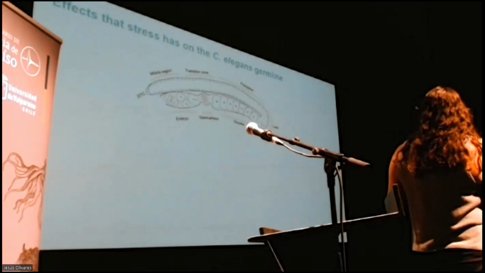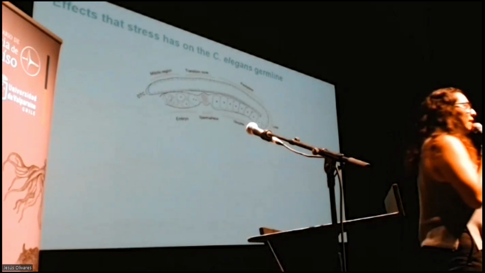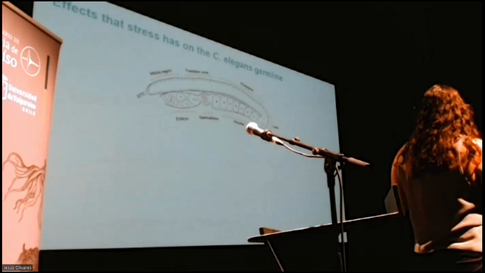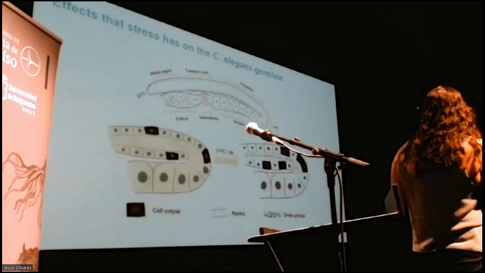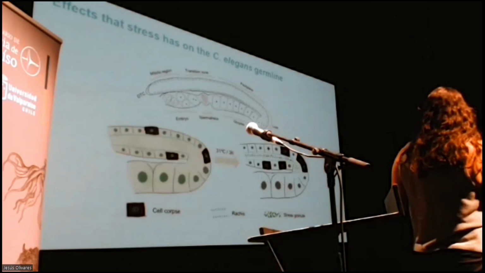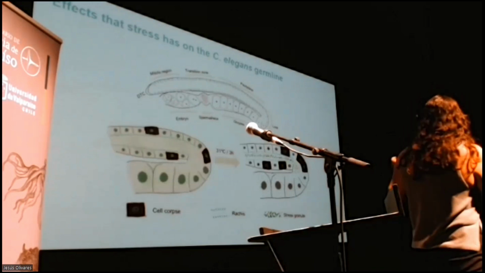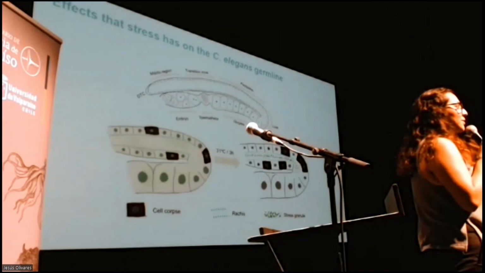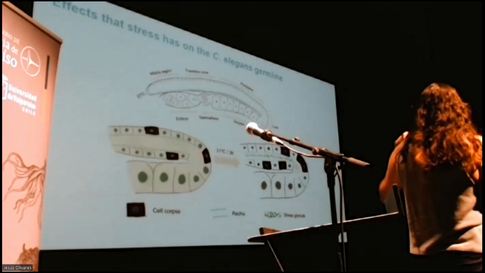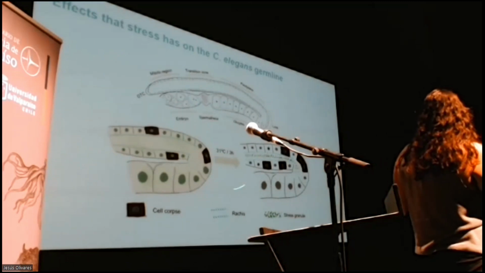As I have already told you, we focus on the study of stress in this structure. So this is what happens: the reaction of the gonad after some stressful condition, especially heat shock.